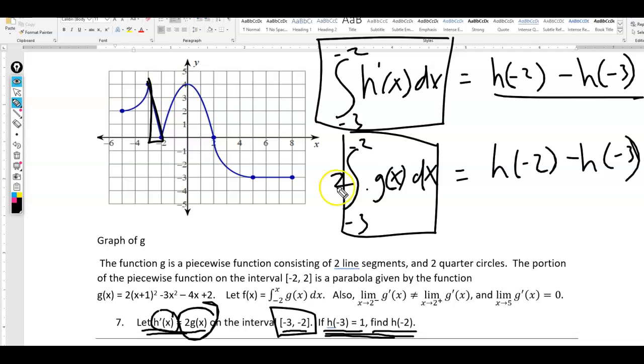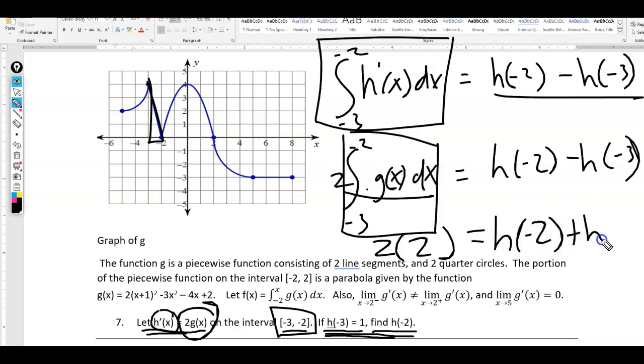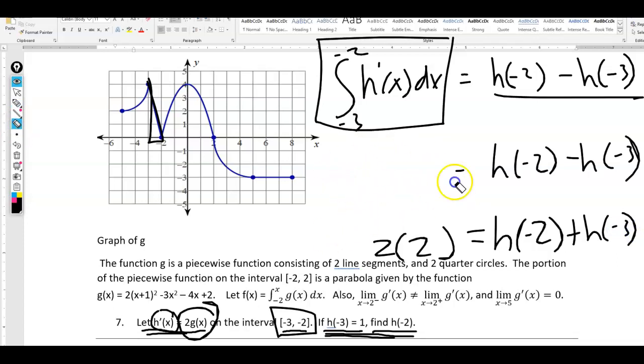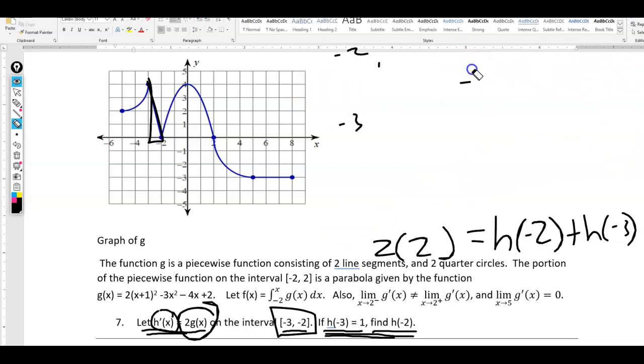So we have the 2 on the outside, and the area under the curve is 2. So now we have 4. 2 times 2 is 4.